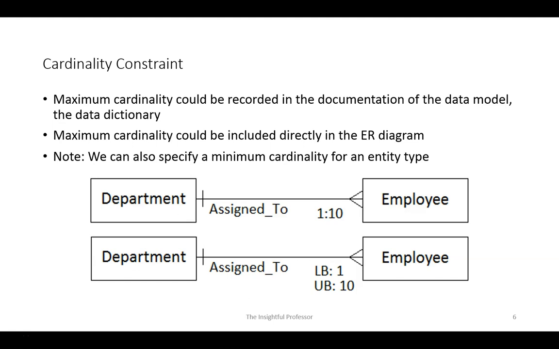Here, there is no absolute standard convention for expressing this idea, but it is important to recognize that different diagramming techniques have suggested that this is important and provide some means by which we could express this cardinality constraint. So it is an important semantic notion that we would like to capture within the diagram.